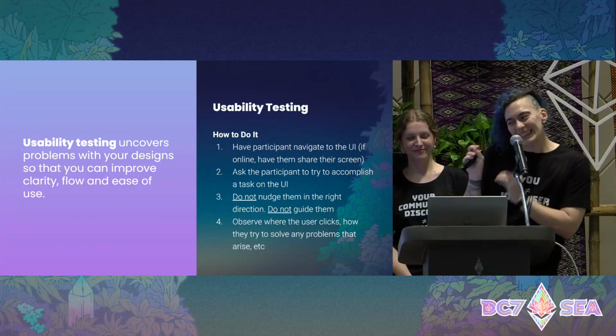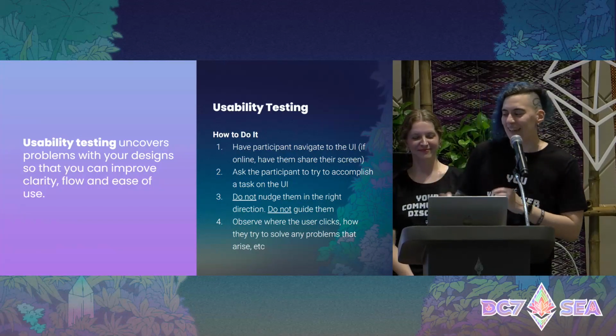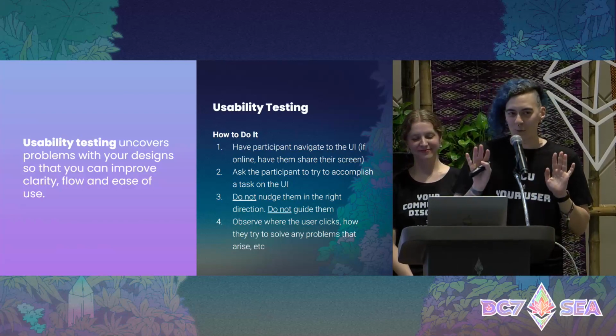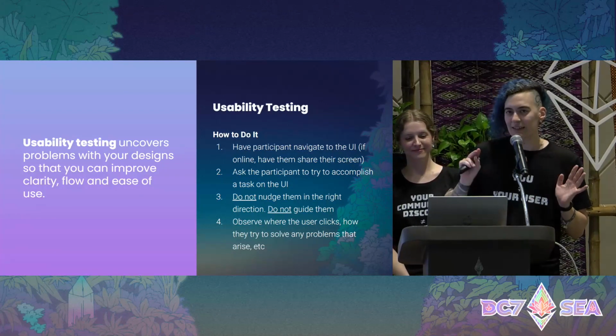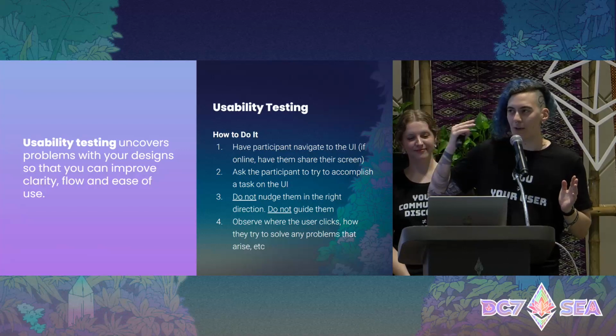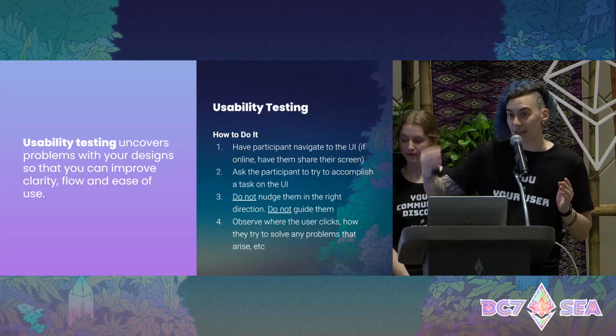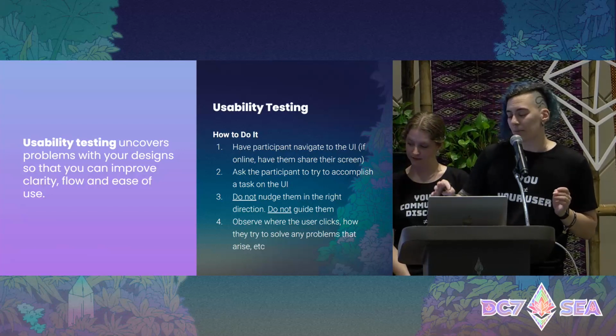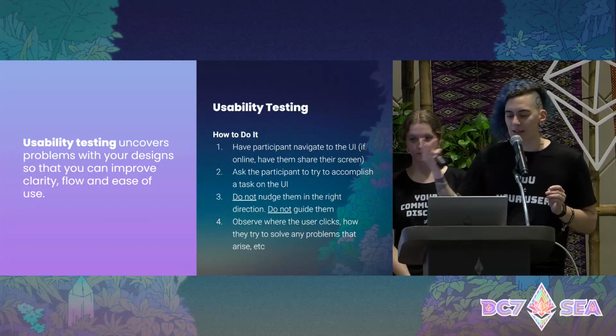If you just clicked on this button, you would get everything you need. Don't do it. Observe what the user does, because that's how you uncover what your users are likely to do in the real world, and see how they solve the problem. And that will help you understand how to improve.